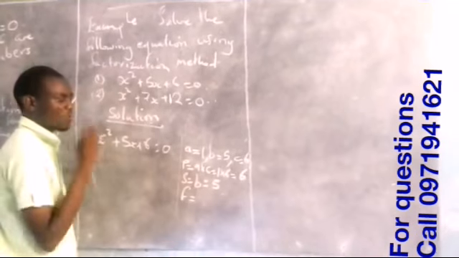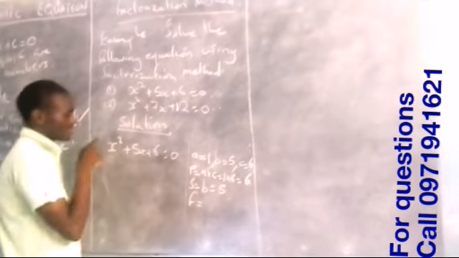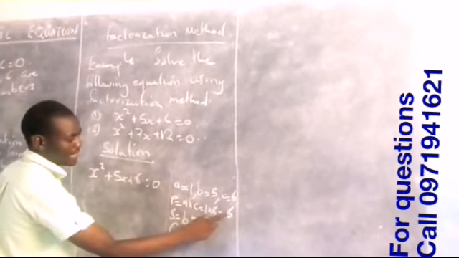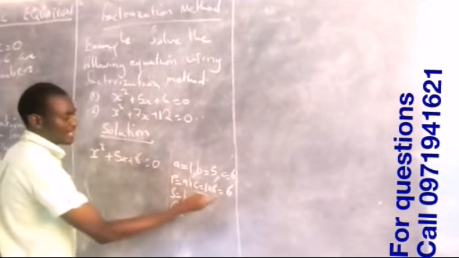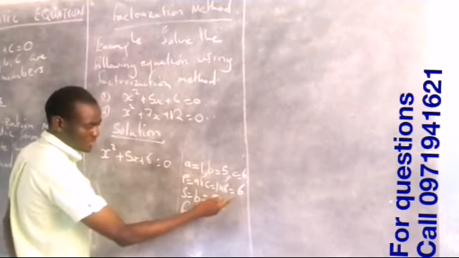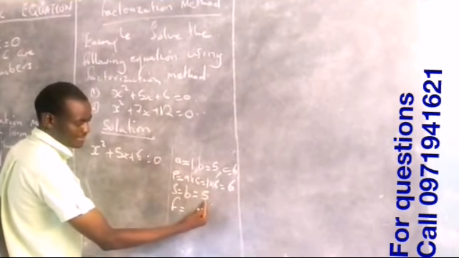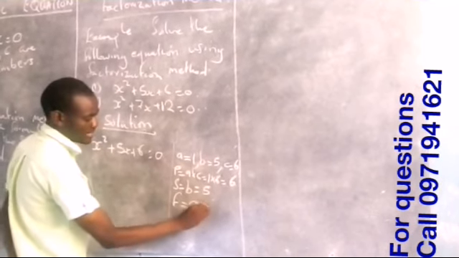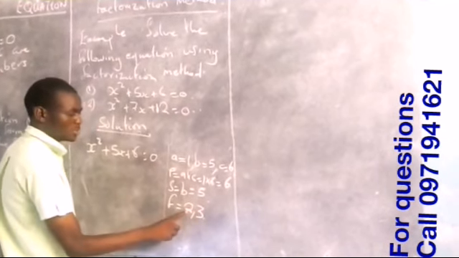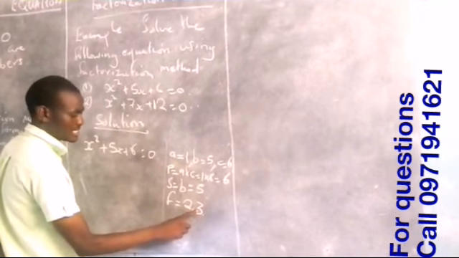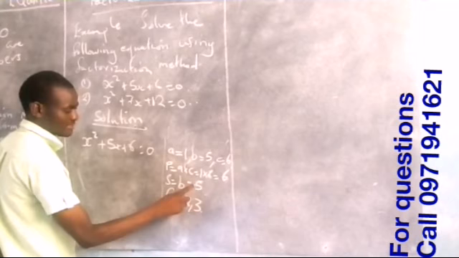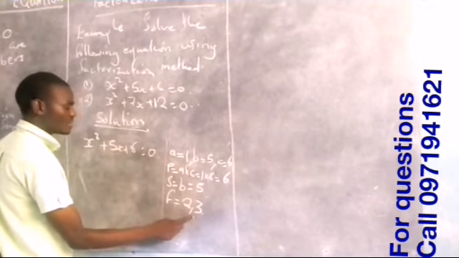What are those numbers? What numbers can we multiply to get 6, and when we add them give us 5? We find that the factors are 2 and 3. 2 times 3 is 6, and 2 plus 3 is 5. So this is what we are looking for.